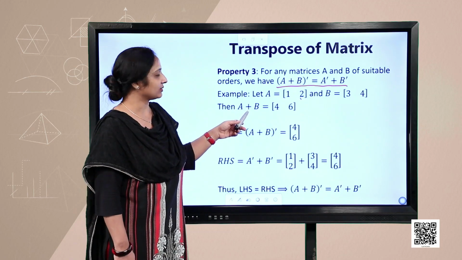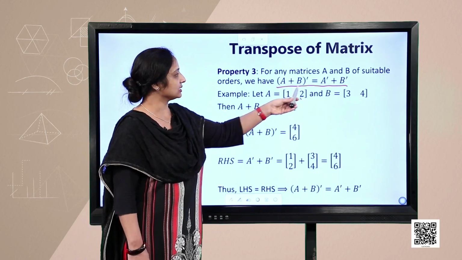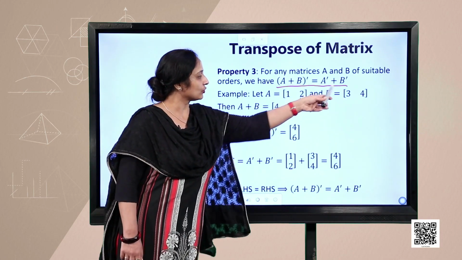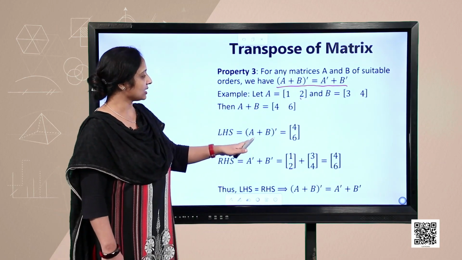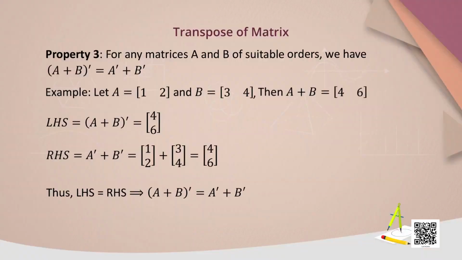So, you add both the matrices A plus B. You remember that we can add corresponding elements: 1 and 3, you are getting 4. 2 plus 4, you are getting 6. Then you take LHS of this property, A plus B whole transpose. So, this matrix 4, 6 can be written like this in the transpose form.